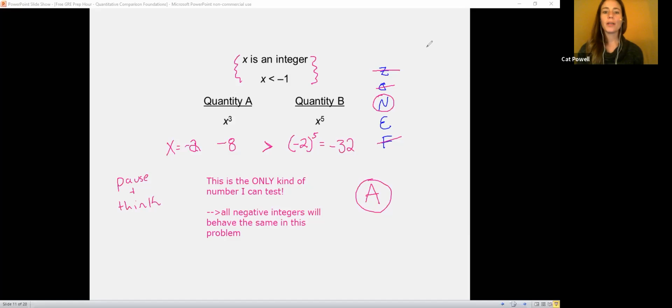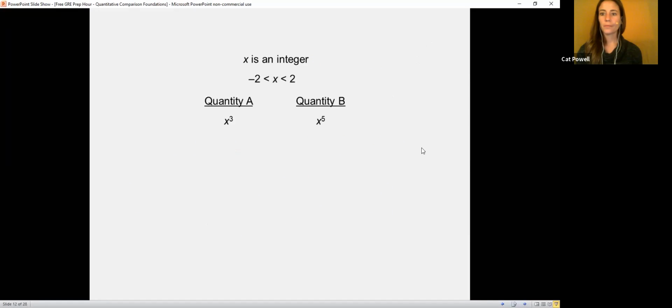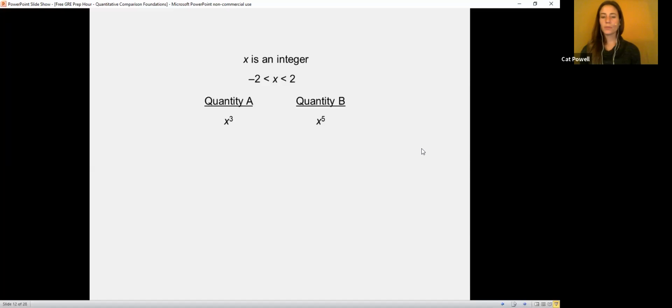What about if I change my restrictions though? Let's look at a slightly different version of this problem. Try this one. I'm going to give you guys a minute or so to try this one on your own, and then we'll see what answer we get.